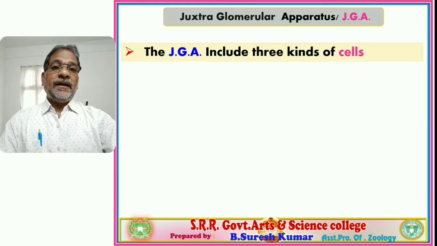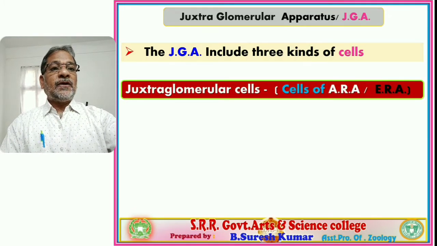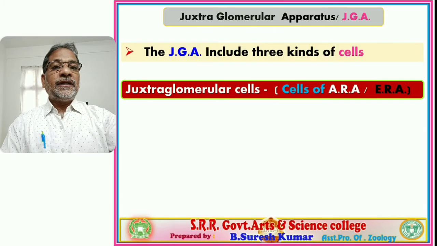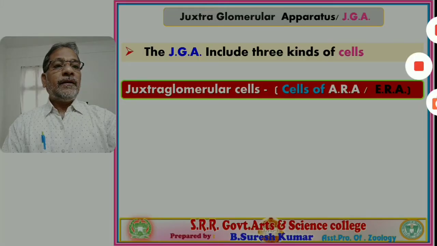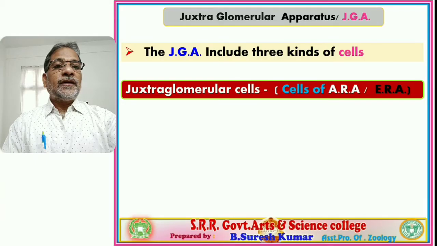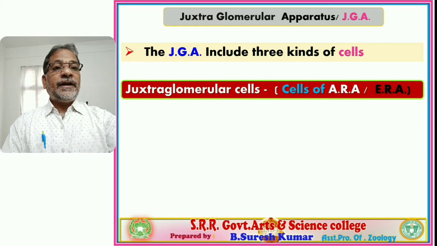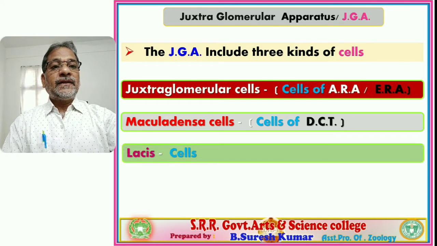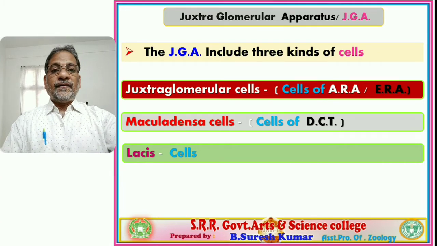Let us see. The juxtaglomerular apparatus includes three kinds of cells. So they are juxtaglomerular cells, they are nothing but cells of afferent renal arteriole and efferent renal arteriole, and macula densa cells, cells of DCT, and Lacis cells. Right?